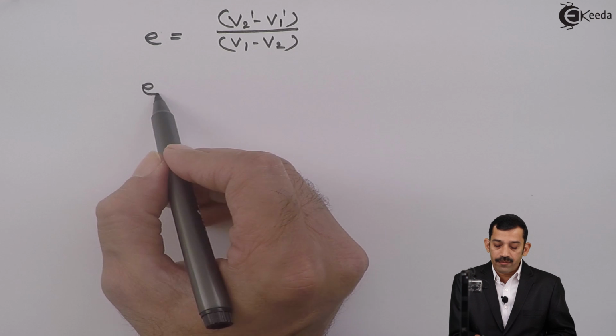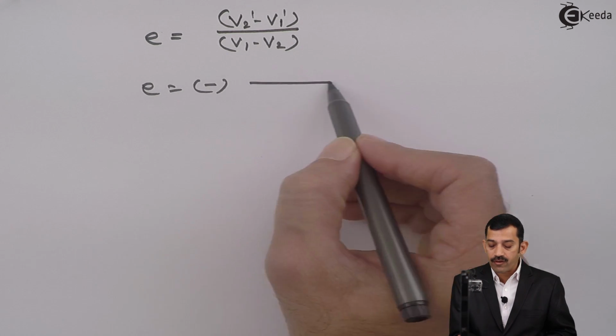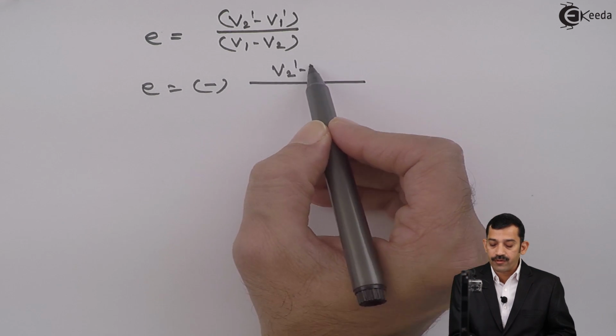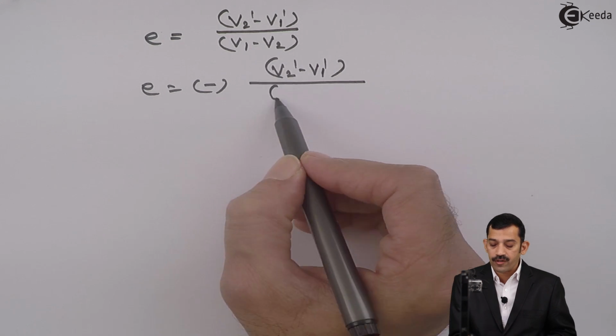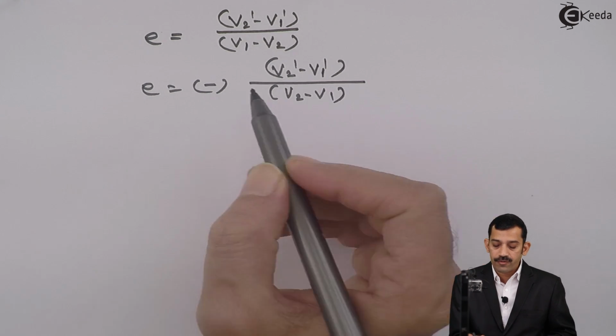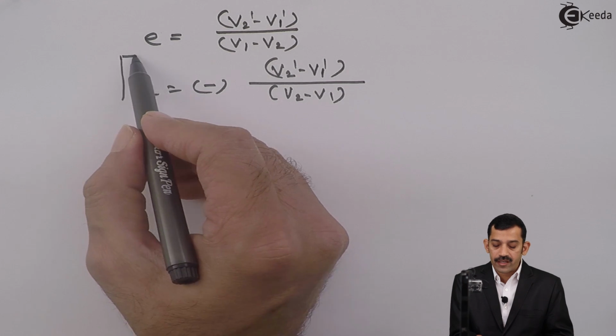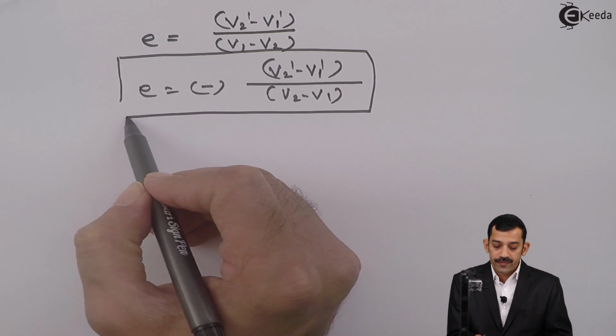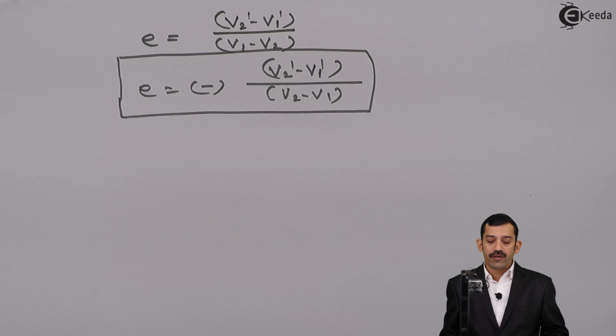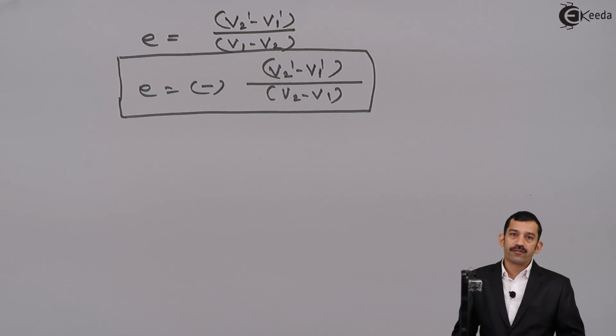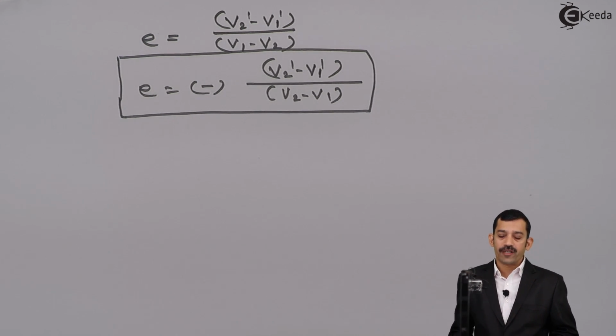This may be written as, if I take the minus sign common from the denominator, v2 dash minus v1 dash upon v2 minus v1. If we write it like this, then recalling the formula becomes easy. The coefficient of restitution is given by minus of v2 dash minus v1 dash upon v2 minus v1.